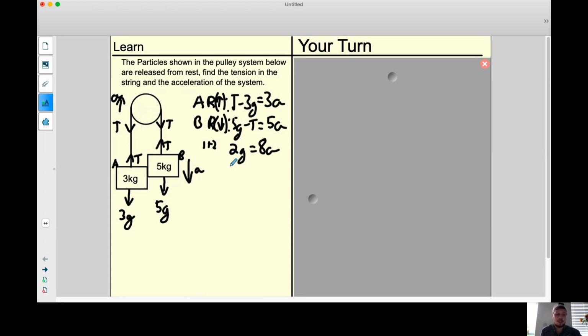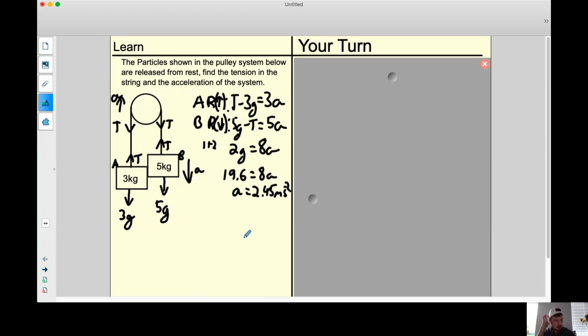So 2 times 9.8 is going to be, I don't know why I'm struggling here, 19.6. And that's going to be 8a. So therefore, if I divide by 8, I will get a, which is 2.45, and it's meters per second squared. Lovely. So that's the acceleration of my system.